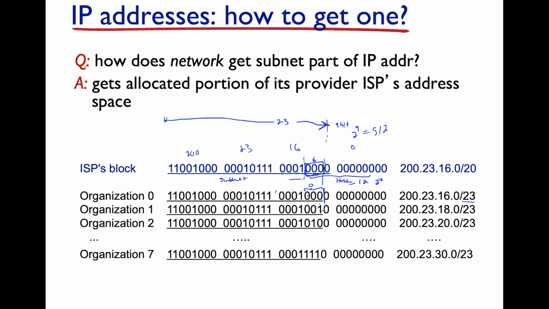If we go to 18, that corresponds to 001 in these 3 bits. So even though it's that next part that's carved out, you have to make sure that it lines up with the right subnet. Okay?